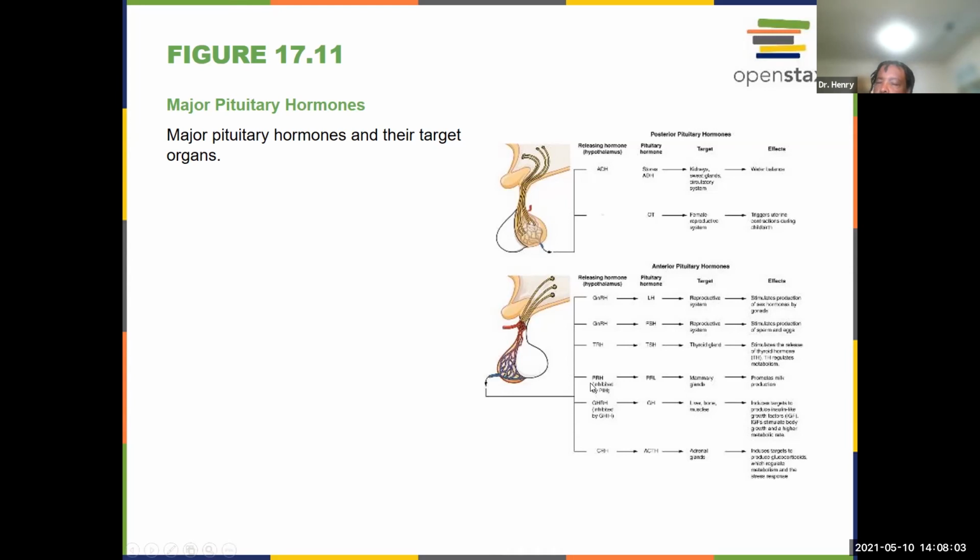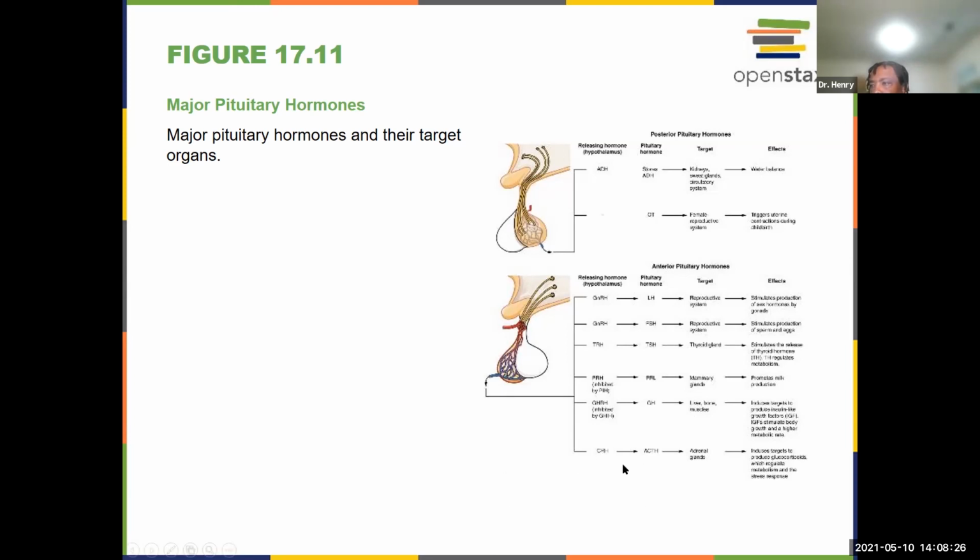PRH stands for prolactin releasing hormone. GRH, the growth hormone releasing hormone, releases the growth hormone, whose targets are the bone, the liver, and muscles.